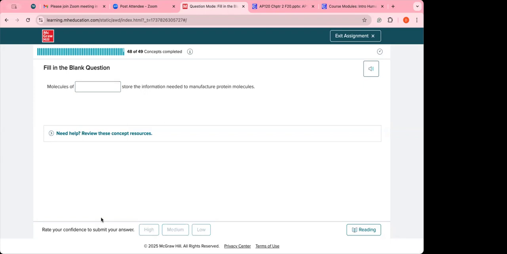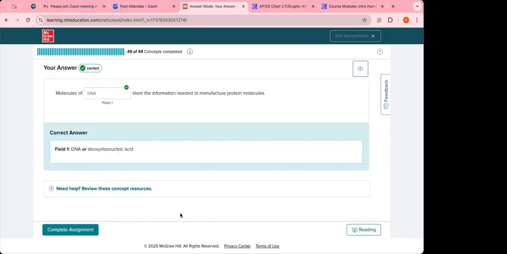I would say DNA. I think it's probably DNA. It's a little bit hard to tell there, but I think it's that. I'm not sure, but yeah. Because they're talking about the genetic information.